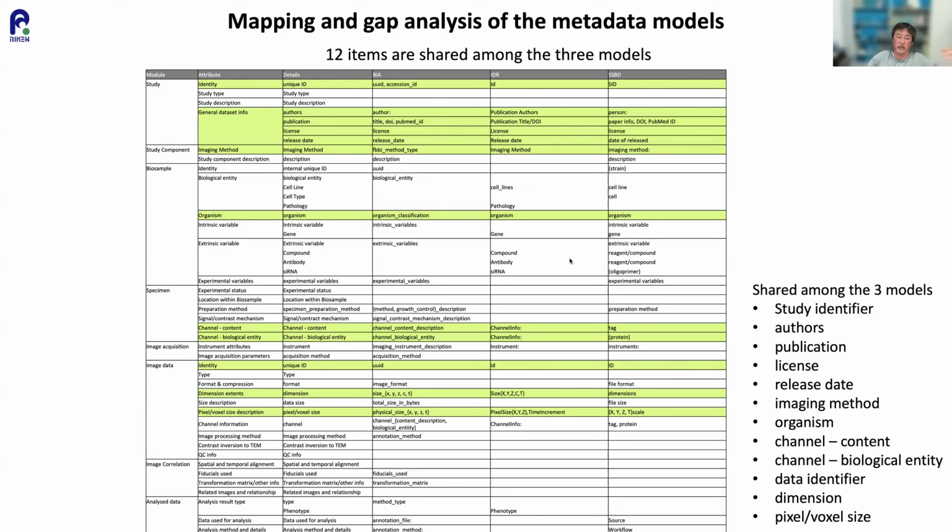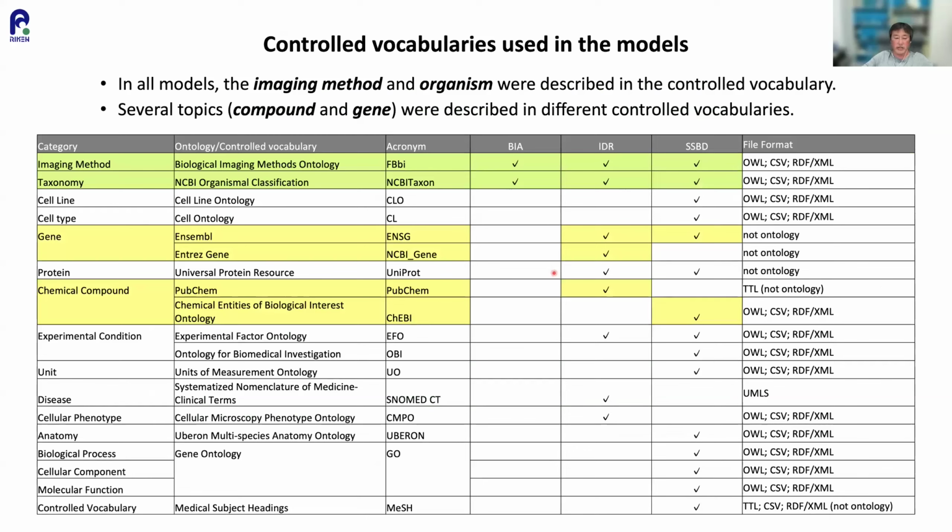To integrate these items or descriptions, controlled vocabulary, or sometimes ontology, is very important. So we also analyzed the controlled vocabulary used in these databases. This is the result of the analysis.